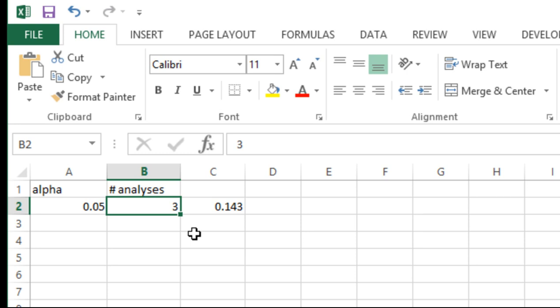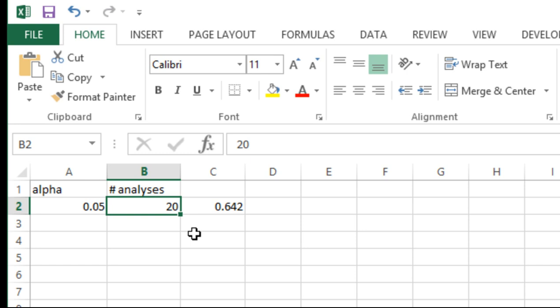So if a researcher published a paper with 20 analyses on the same sample of data, what would the family-wise error rate be? Well, I can just write the number 20 here, and we can see that it goes up to 64%. So there's a 64% chance that one of those 20 analyses reported in the study will represent a type 1 error. So there's a 64% chance of committing at least one type 1 error when we conduct 20 analyses with alpha 0.05 on the same sample of data.